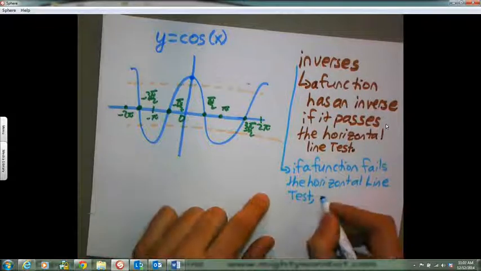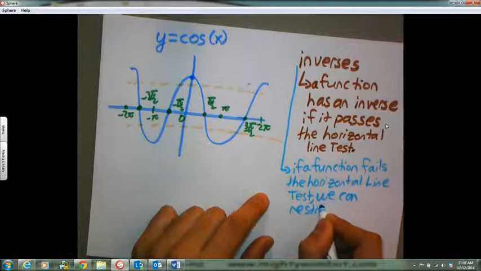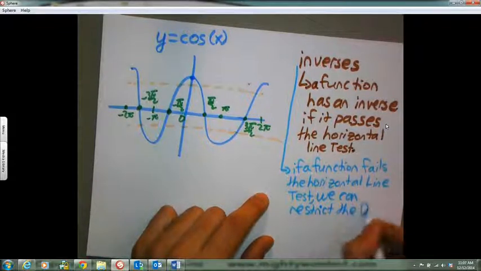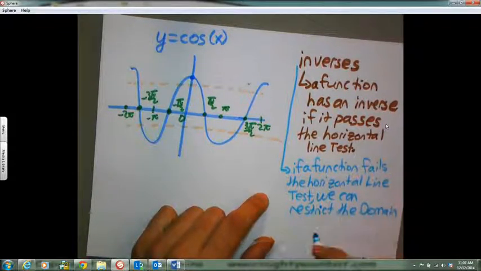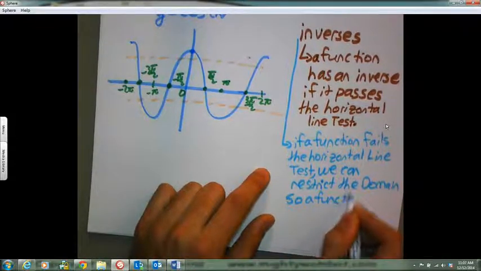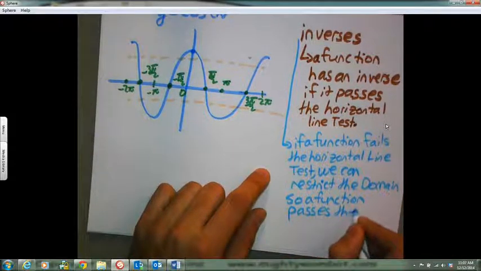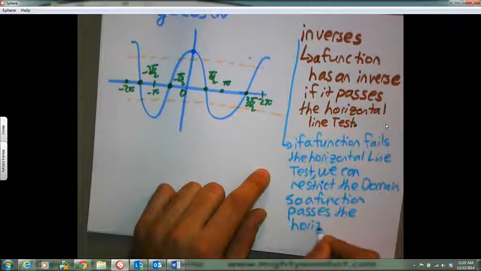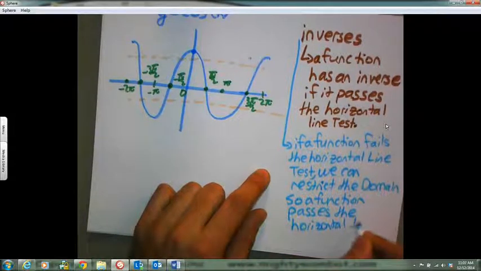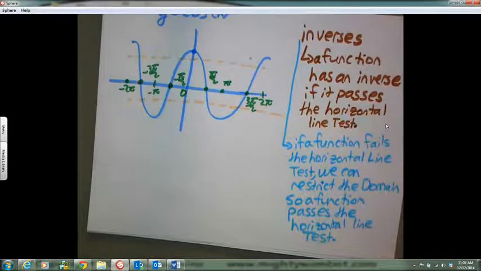We can restrict the domain so a function passes the horizontal line test. So we will have to employ that strategy here.